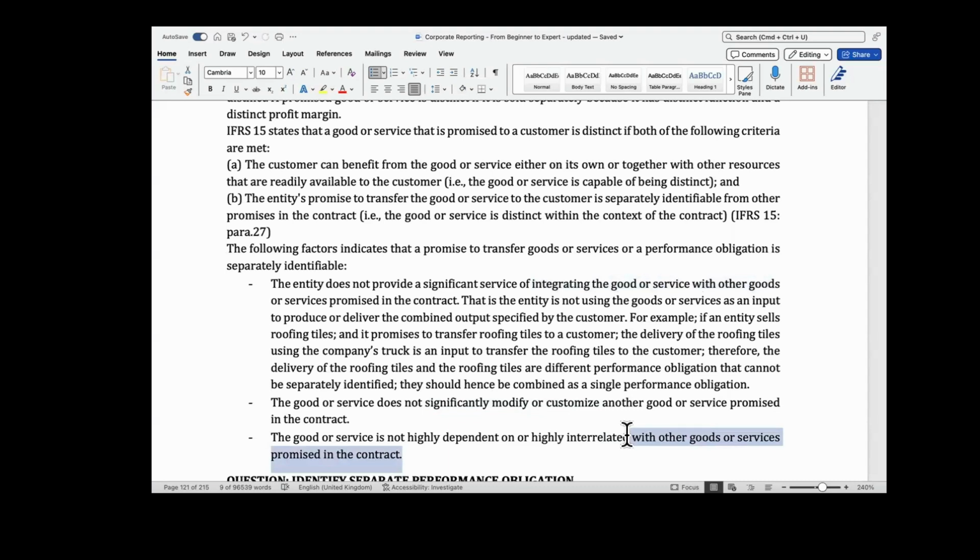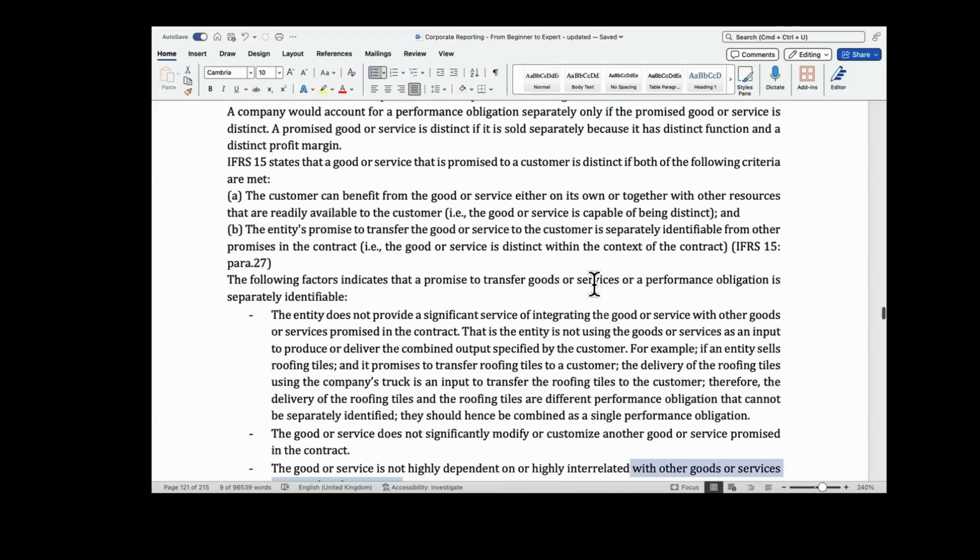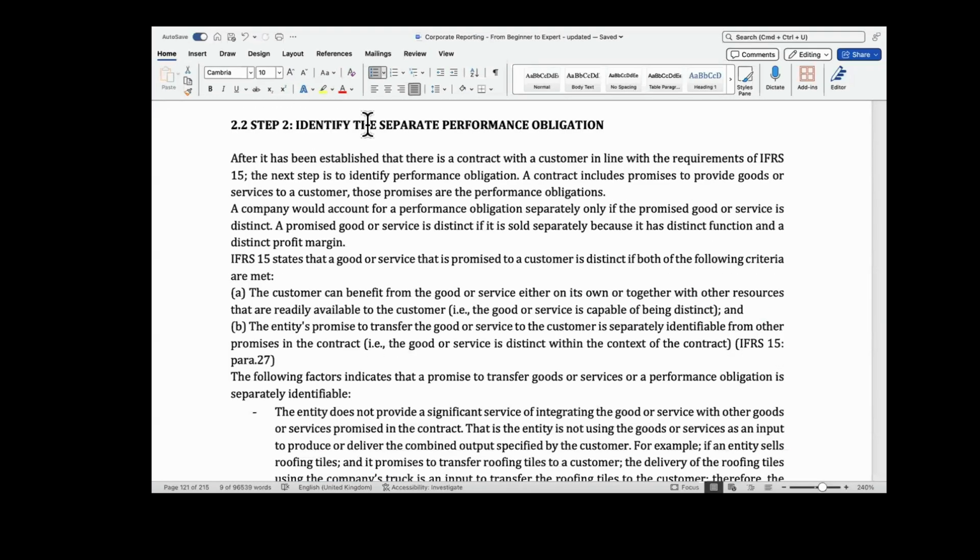So that is what we mean by a good or services being distinct. So distinct is the core of step 2. When you identify the performance obligation or the promised goods or services, you account for each of them separately if they are distinct. And distinct means that goods or services can be sold separately because it has a distinct function and a distinct profit margin.